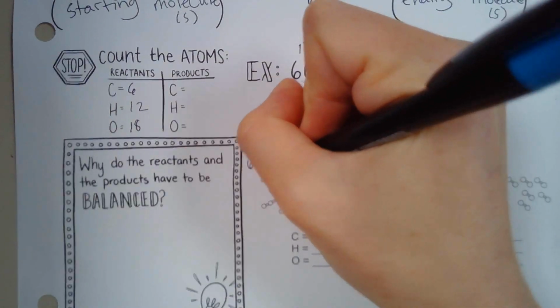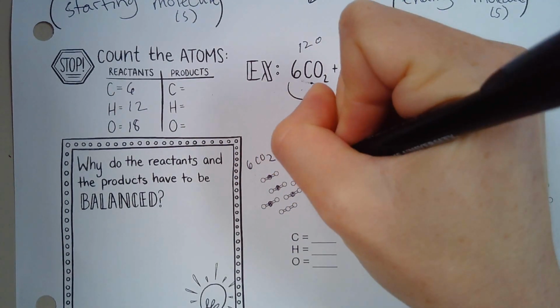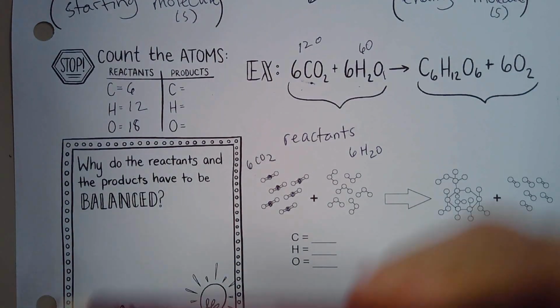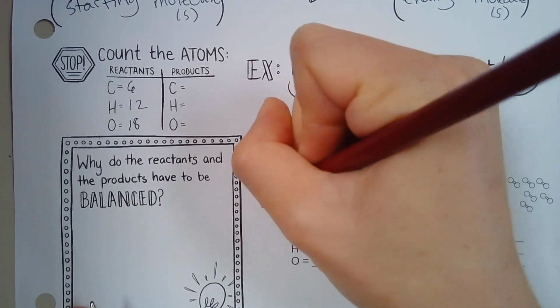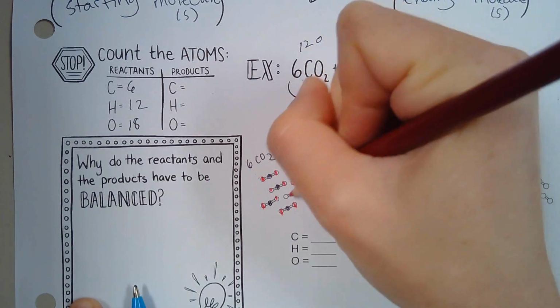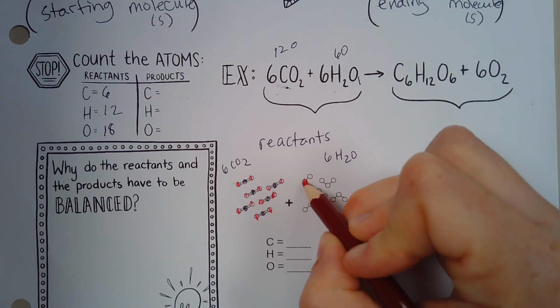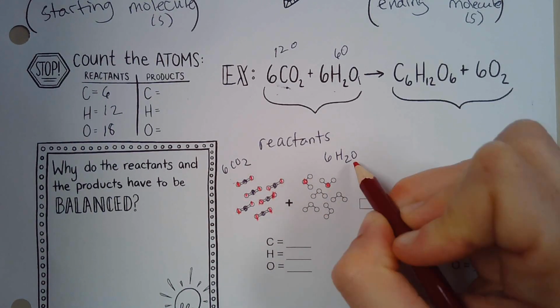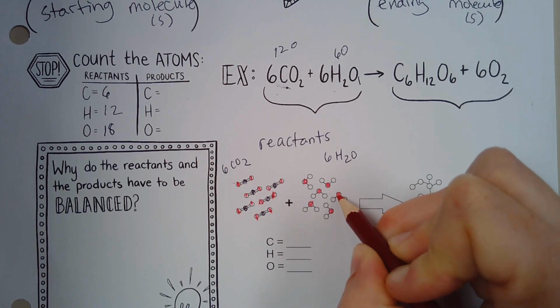So we have these carbons, and then we have oxygens, and then we have our 6 water molecules, which each have 1 oxygen and 2 hydrogens.